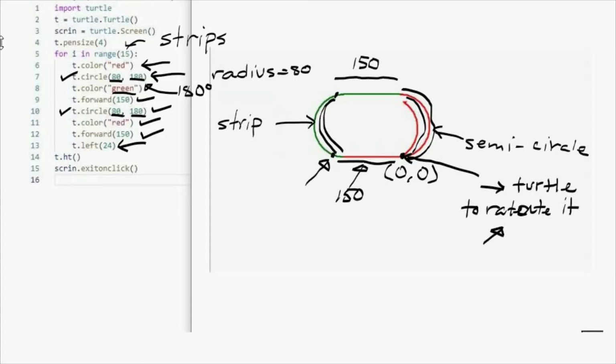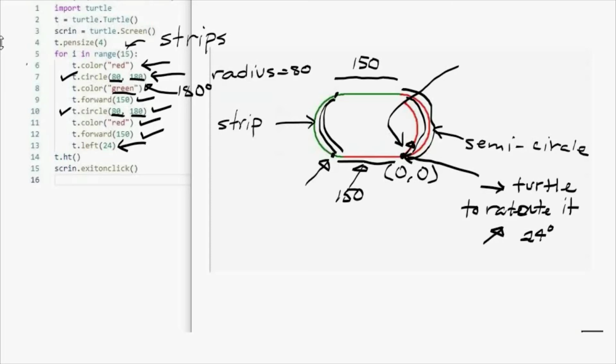There is a 24-degree angle. So this is now the angle of the orientation of the turtle, this one here, and we are ready to go to the first command here, or the loop.